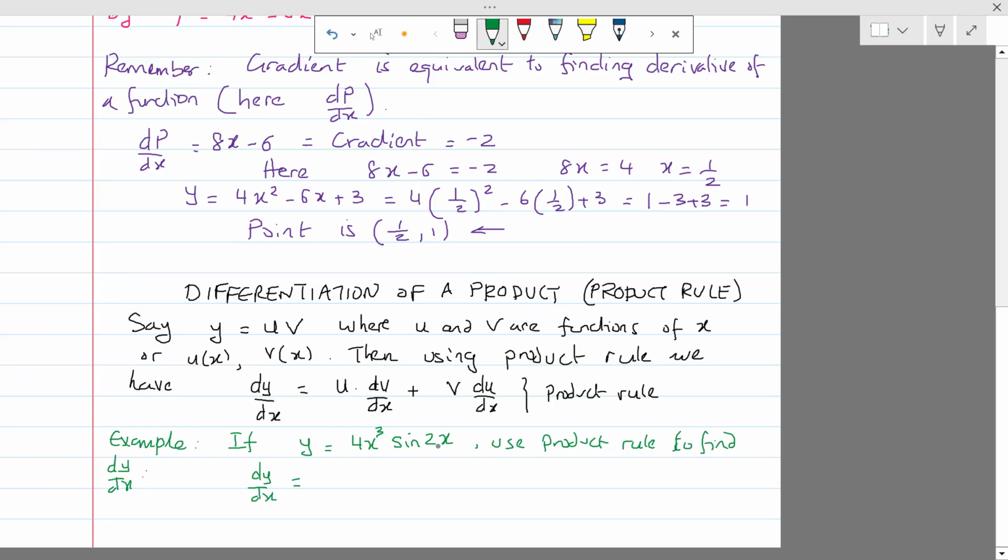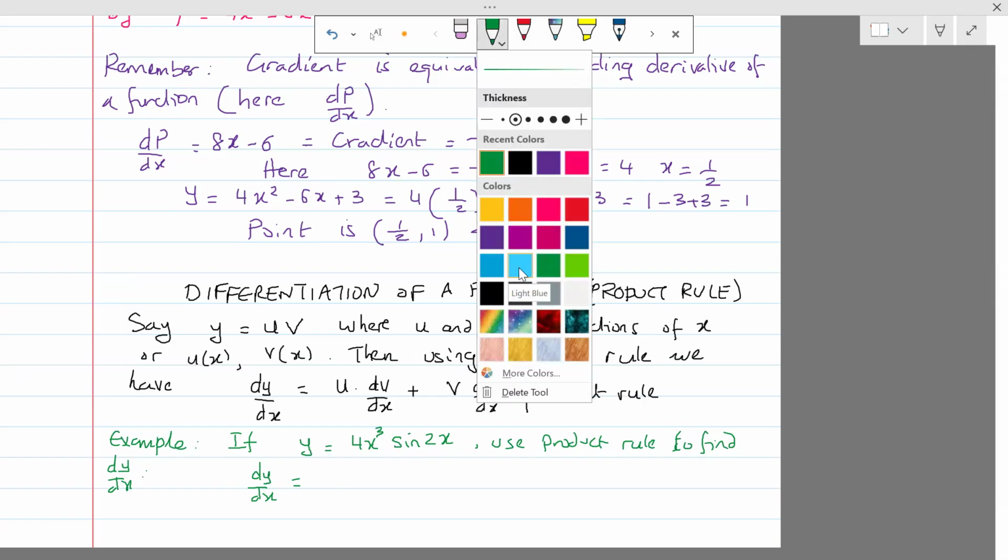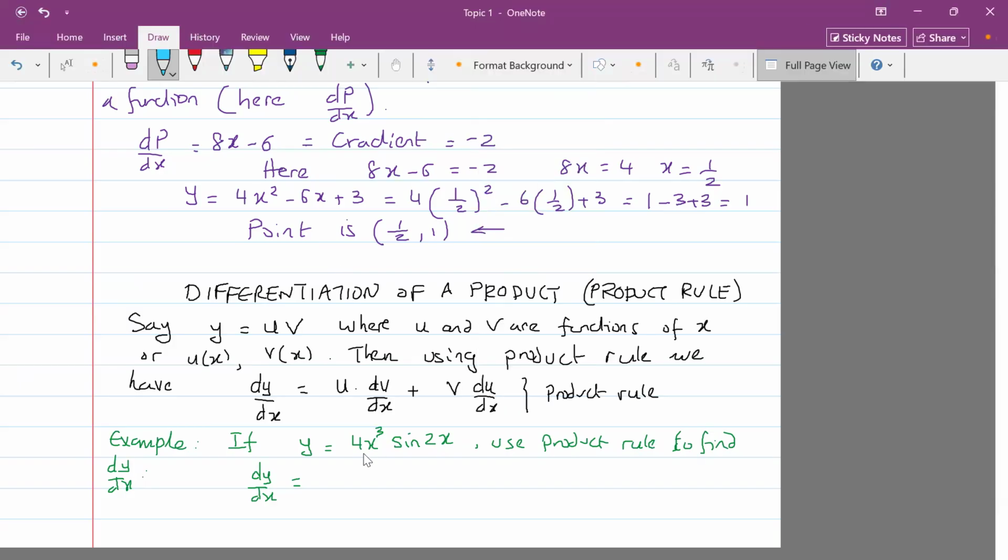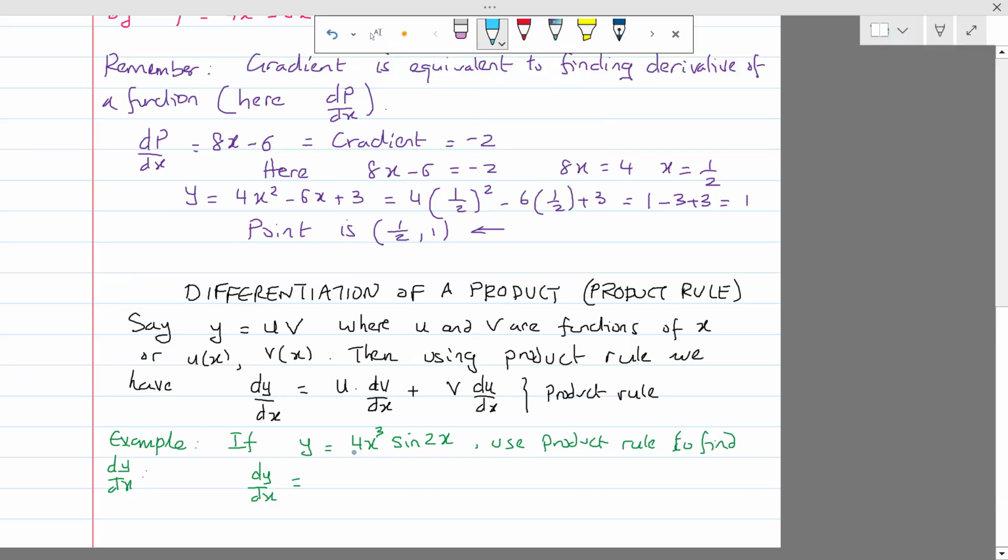So dy by dx becomes, look at this. I'm going to write this as u, and I write this one as v. So I use the formula here, u dv by dx, that is the u, and I write this as dv by dx, this differentiation.